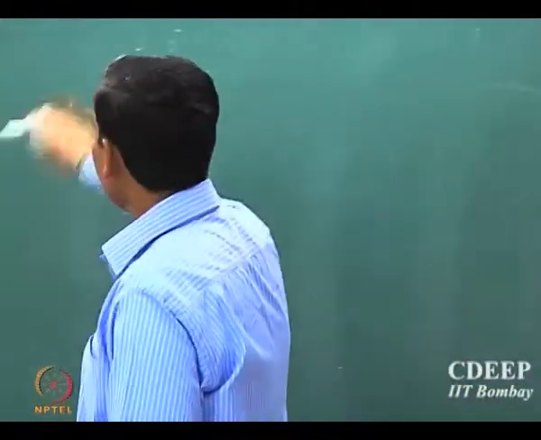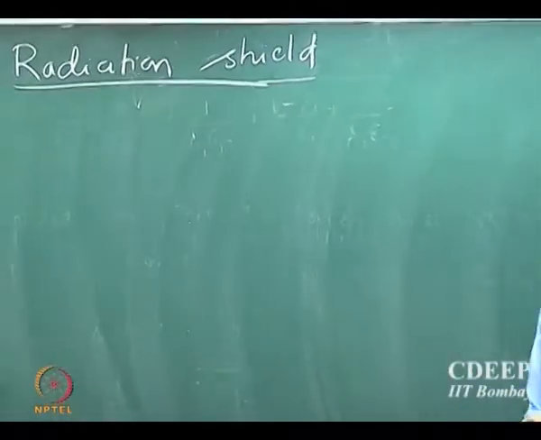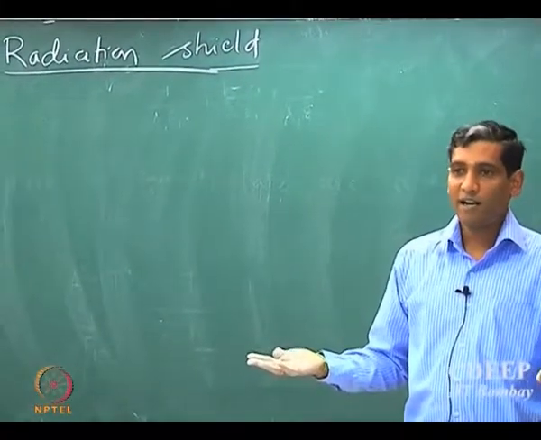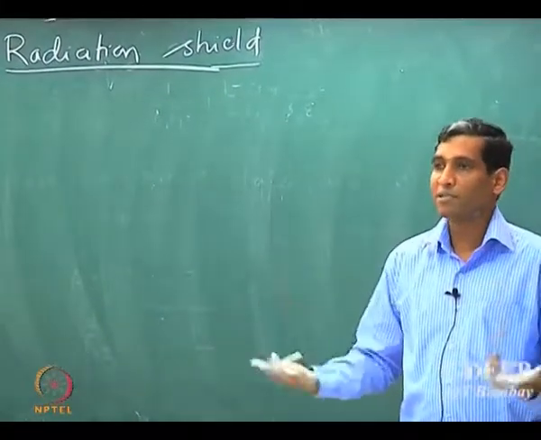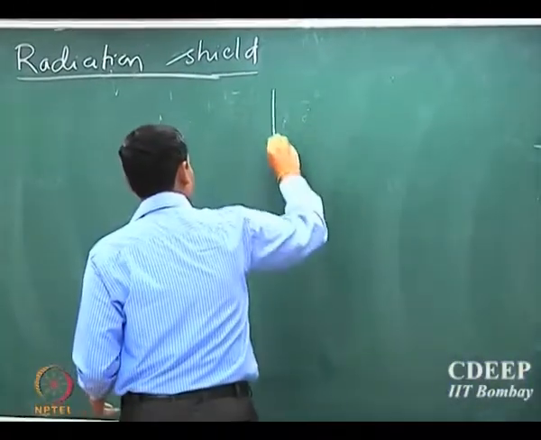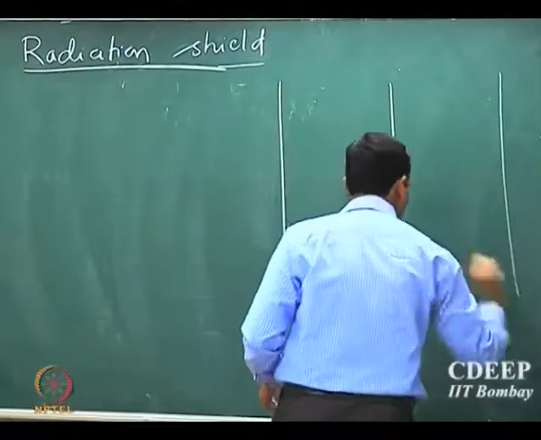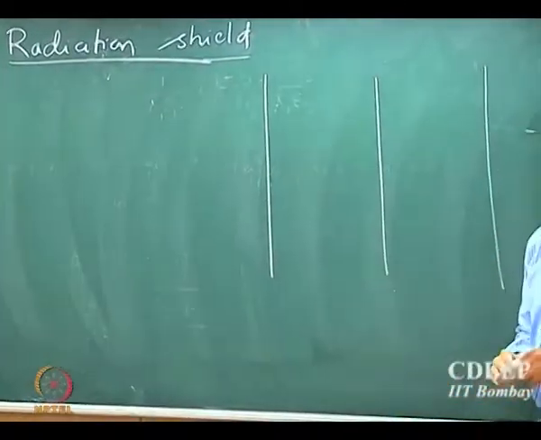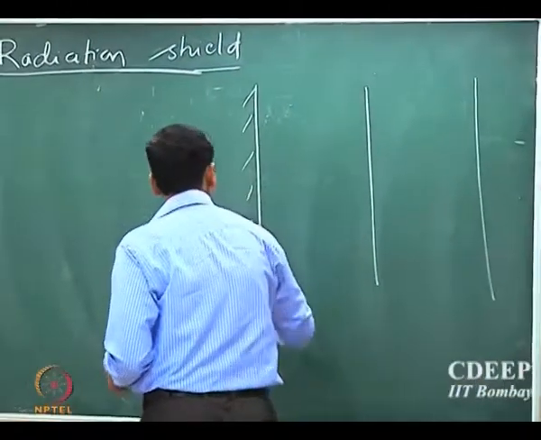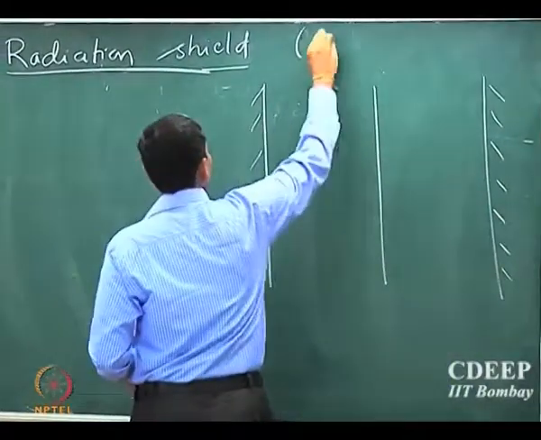So anyway, radiation shield is actually very important, because you do not want radiation to leak out from a nuclear reactor or some other system where radiation is active. Let's take a very simple case. Of course, the real life system is not as simple as this. The way the radiation shield is designed is by playing with the emissivities of that surface. We will look at only gray surfaces here.